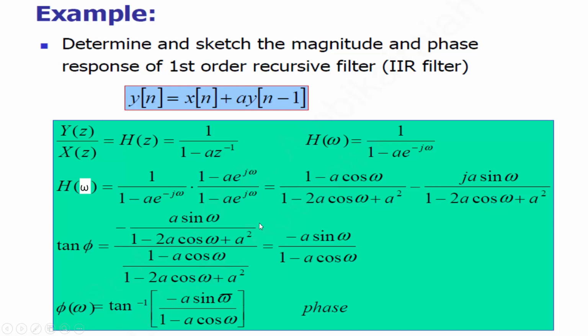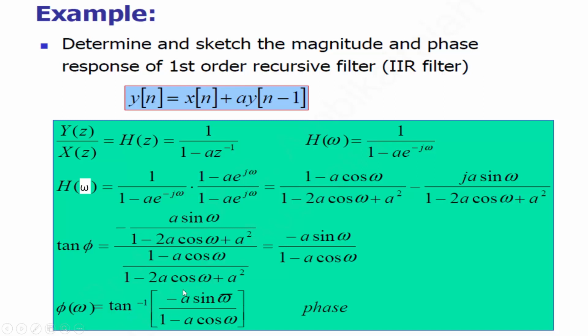All right, then what is the phase part? Tangent phi you can get by dividing the imaginary part by the real part. So this is my imaginary part, this is the real part, and tangent phi will give me the phase value. If you take tan to the other side, you get tan inverse.